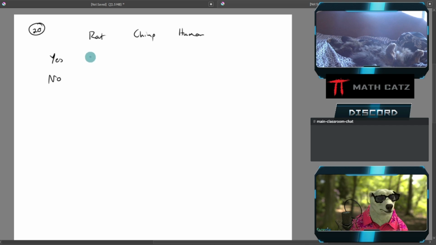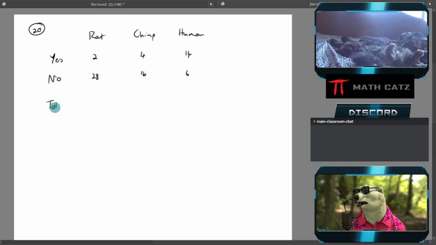So what we observed was for the rat 2 and 28. For the chimp was 4 and 16. For the human, 14 and 6. And you could look at this like, oh yeah, clearly these are different, right? But it's very hard to just guess like that correctly every time.